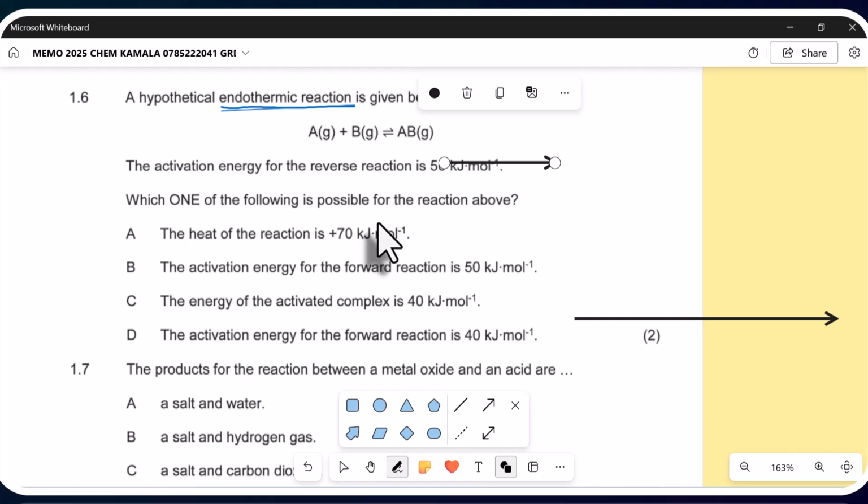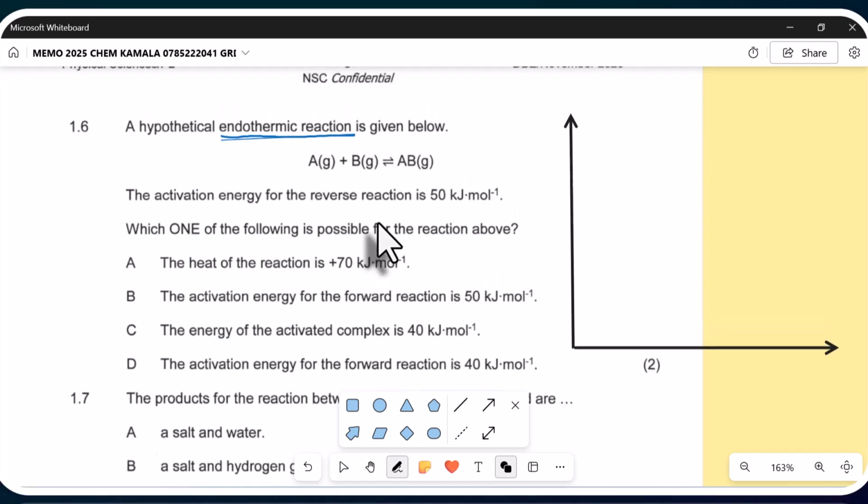Because we're talking about endothermic, the energy of the reactants is lower than the energy of the products. Let me sketch this now: products must be higher than reactants. This is for the reactants, this is for the products.